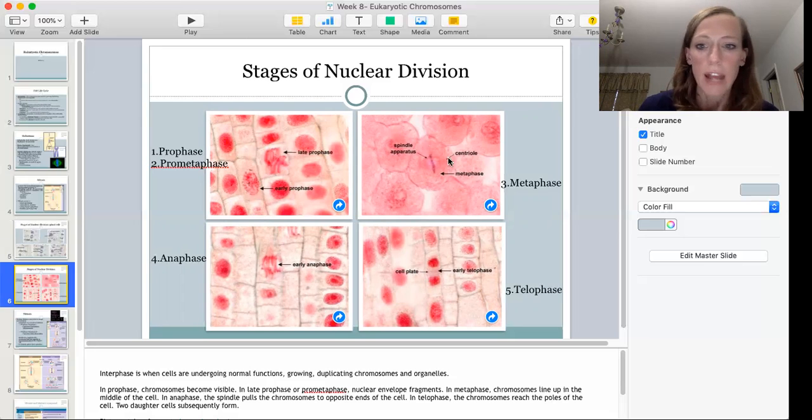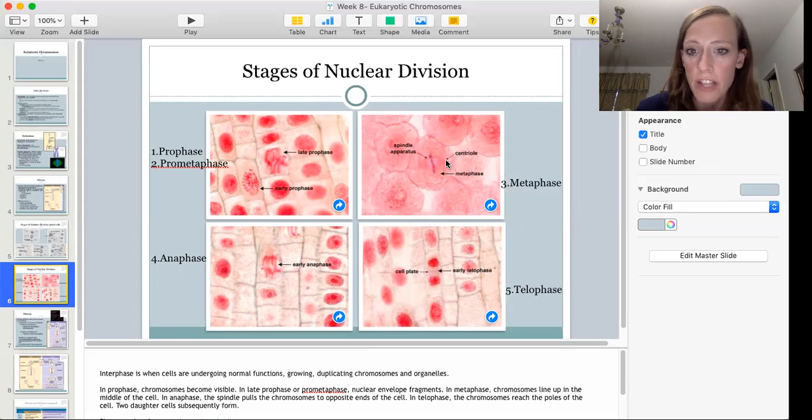Okay, and now let's move to metaphase, where again you can see the lining up of the chromosomes at the metaphase plate. And in this picture, now this is an animal cell. Okay, this was a plant cell as well. You can see by the cell wall. This is an animal cell, and you can see in this picture you've got a faint spindle observable here.